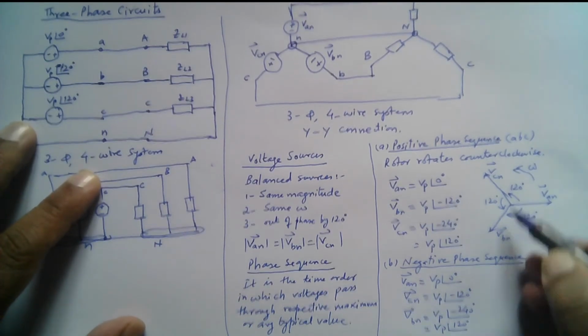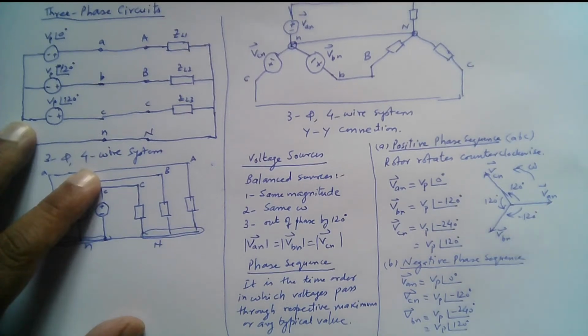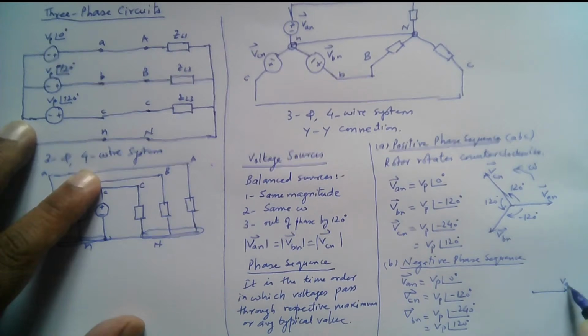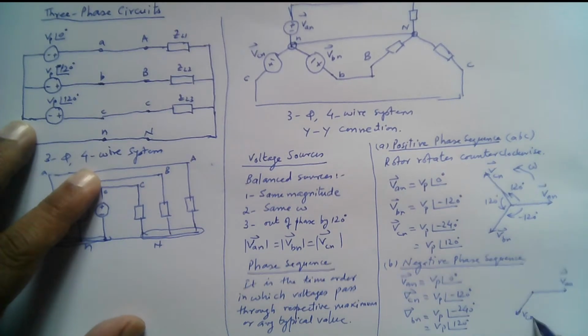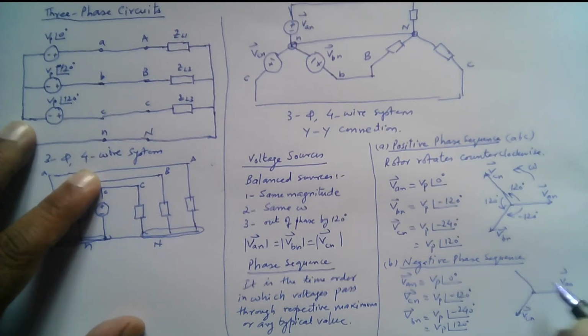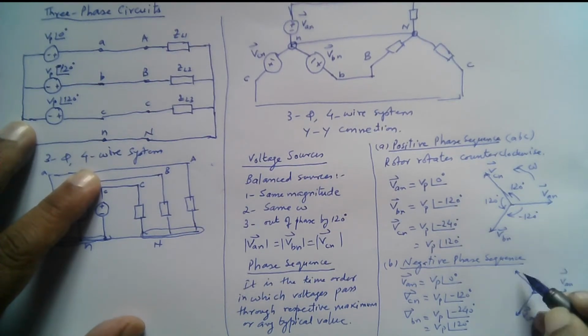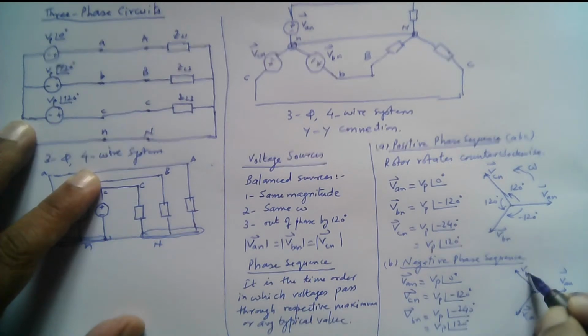So the roles of VCN and VBN are swapped in the negative sequence. If you draw a diagram, we have VAN here, and we have VCN here, and VBN here now. The positions are swapped.